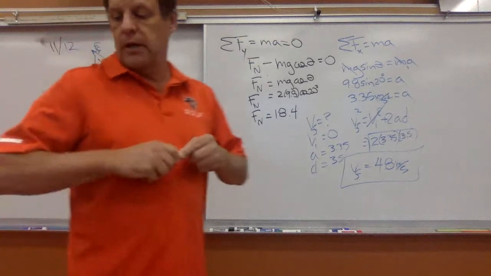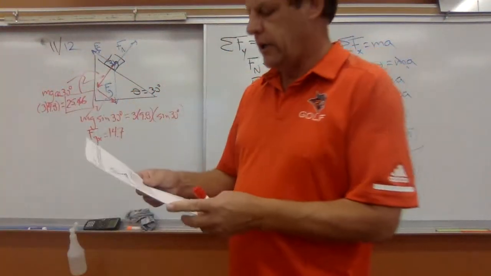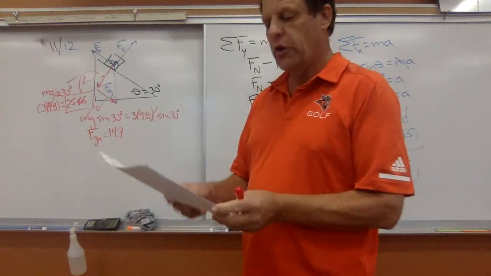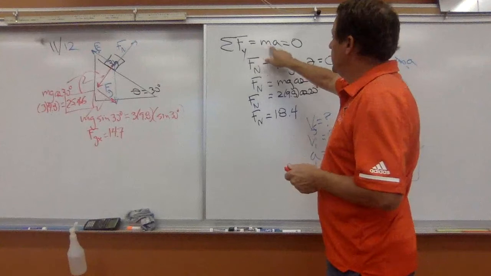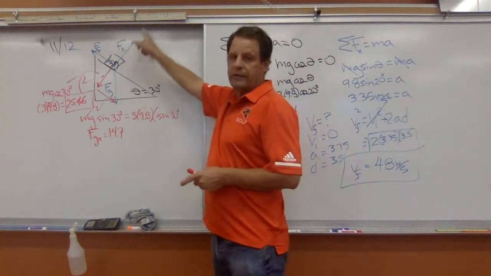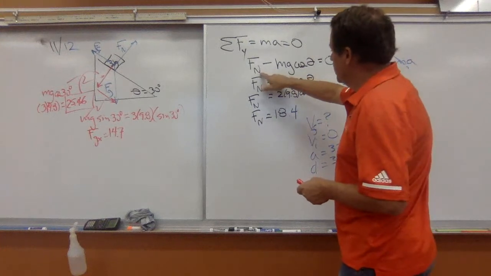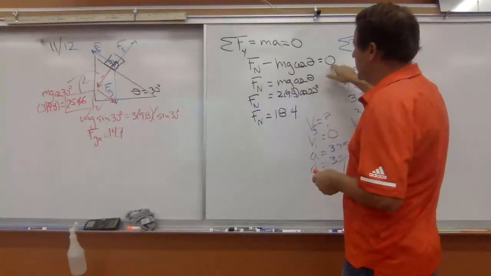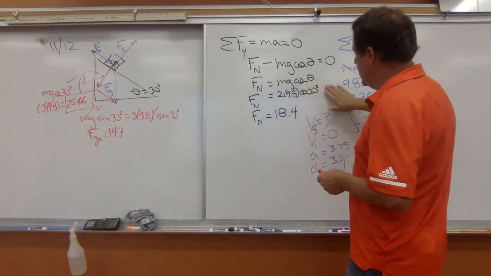All right, we'll get back to the friction in a second, but to calculate the normal force, we have the same thing. The sum of the forces is equal to ma, but this block is not going to levitate or sink. So force normal minus mg cosine theta is equal to 0, so force normal is equal to mg cosine theta.